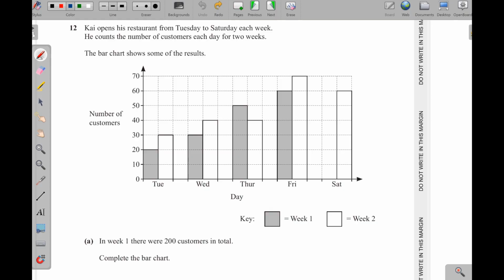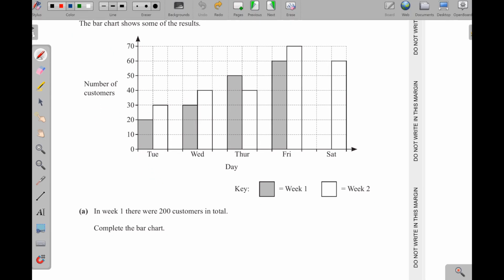Now let's check here. Tuesday, Wednesday, Thursday, Friday. That means Saturday is the one that doesn't have. Okay, so let's look at Saturday. So the total, remember, is 200.